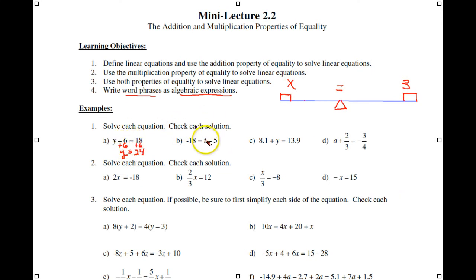Now, sometimes the t or the letter will be on the other side. That's okay. We want to get the t by itself. So what do I add to a negative 5 to make it a 0? It's additive inverse. It's opposite. But if I do it to one side, again, I must do it to the other.